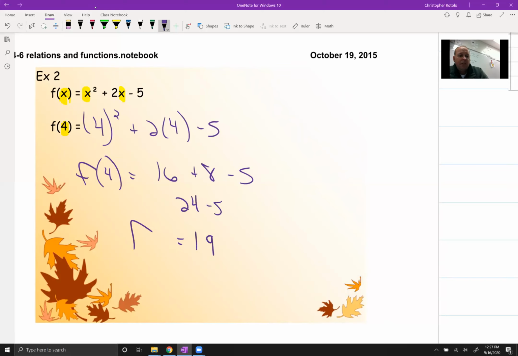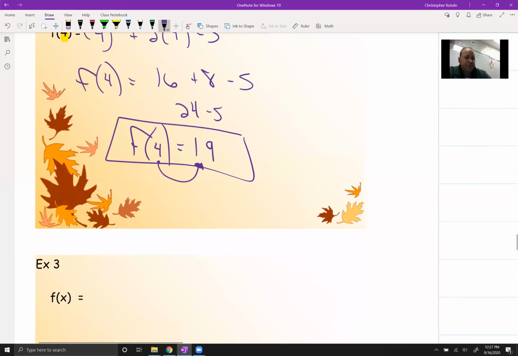So notice I didn't put f of 4 on every single step, but in the end I do want to put that back there. So that means this function evaluated for 4 will give me, right, input output. If we go the whole way back to middle school, the input is 4, the domain is 4, the output 19. So that's the range.